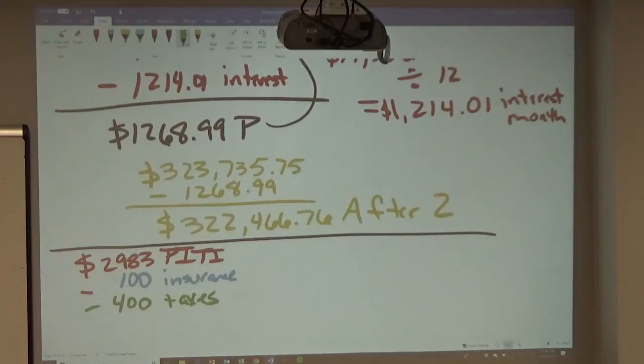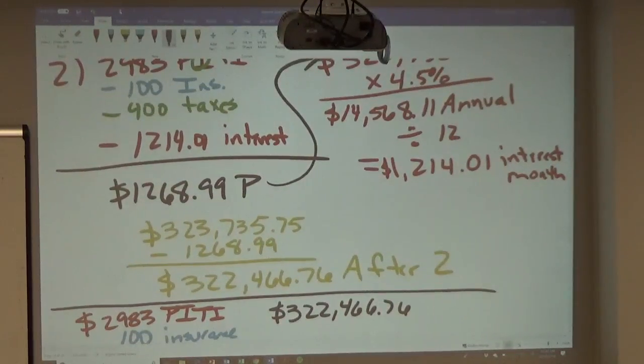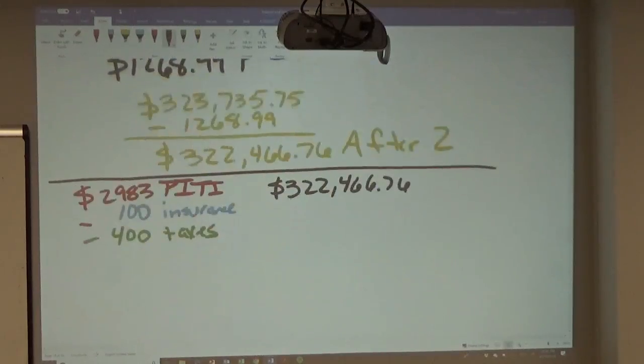So now we need to calculate how much of that is being spent on interest. Well, to calculate the interest piece, we're going to look at the beginning balance from the previous month, $322,466.76 times our interest rate, which we know is still 4.5% annual interest.